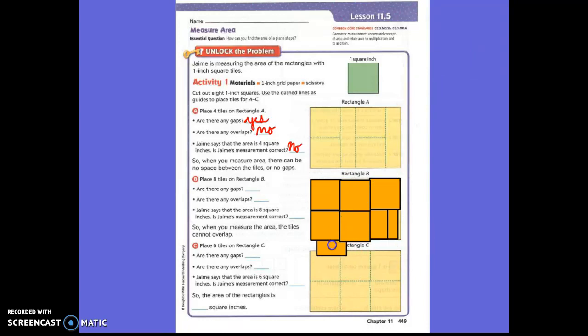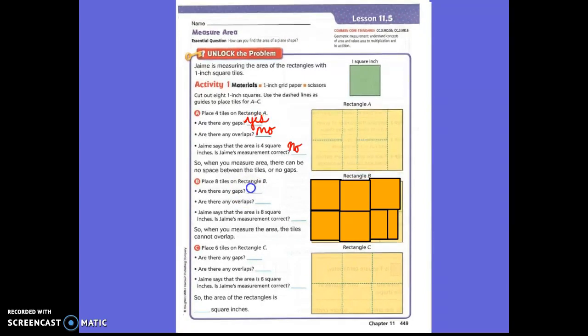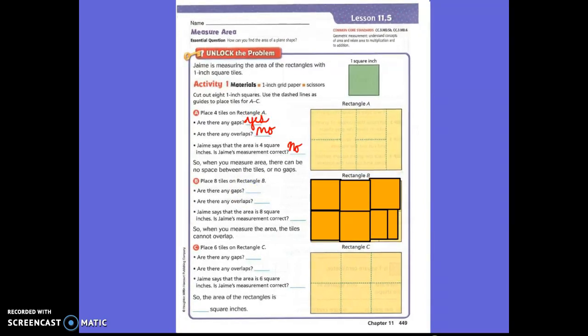These ones were made before, so you can't even see them. But you could probably guess, are there gaps? No, there are no gaps. Oh, so write that down.